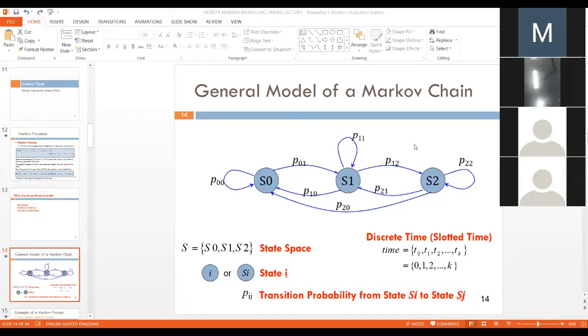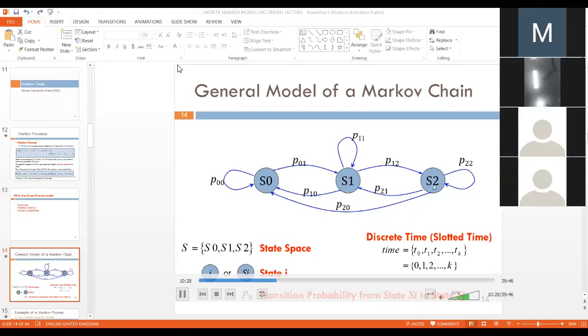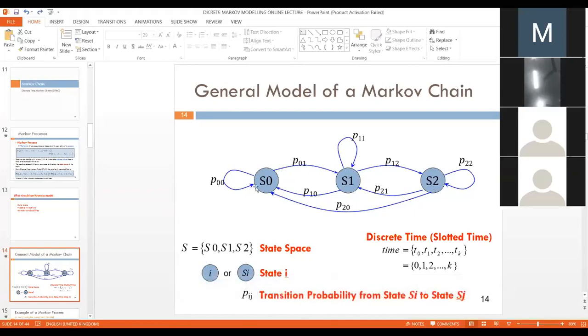In this model, we can clearly see that we can move from S0 to S1, there's a path from S1 to S2, from S2 back to S1, from S1 to S0, and then there is a loop back to itself. We also have a loop back to itself, and we can also move from S2 to S0, all with various probabilities. So this is a weighted directional graph, which gives us the probability of transiting from one state to the other.